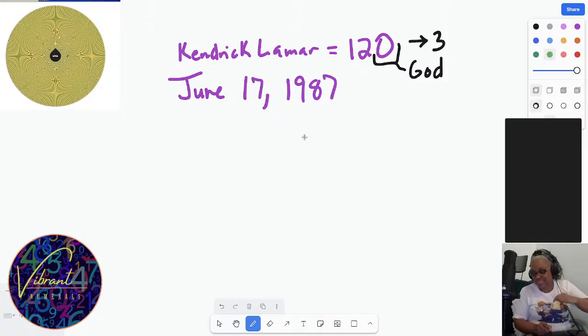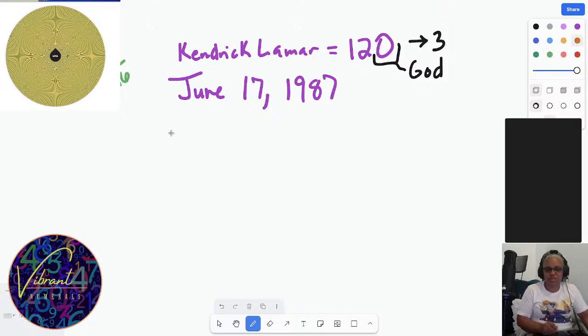One thing that's interesting is that Kendrick Lamar was born on June 17th, but Tupac's birthday is June 16th. So that's interesting. They're both Geminis in a very similar placement in the zodiac chart.